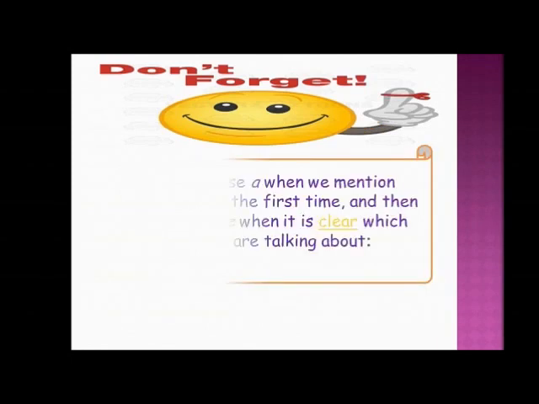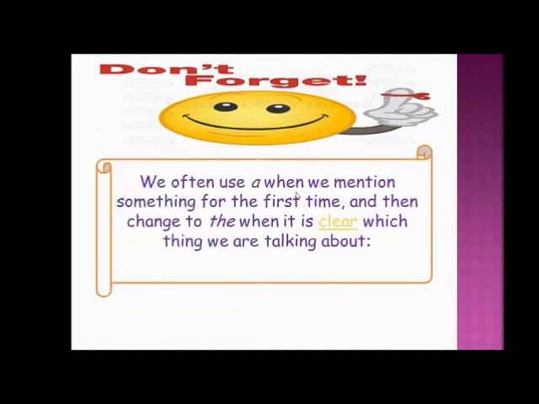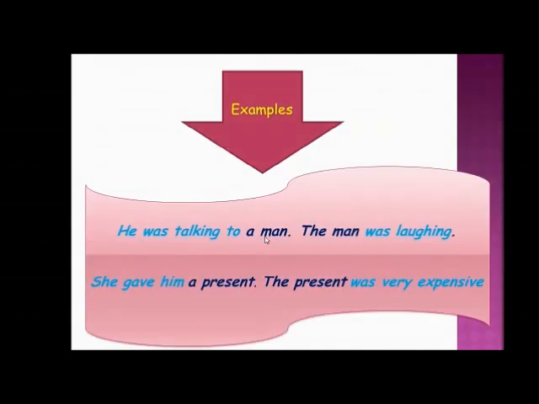We often use a when we mention something for the first time, a or an, of course, okay? Then we change to the when it is clear which thing we are talking about. Look at the examples. He was talking to a man. The man was laughing.